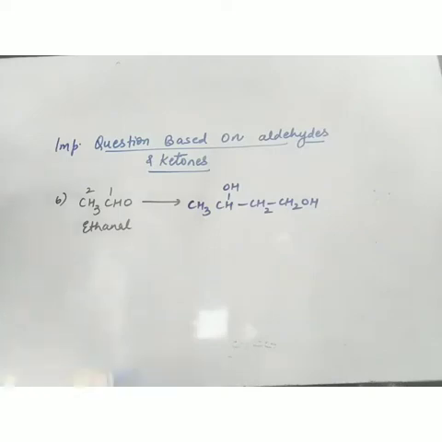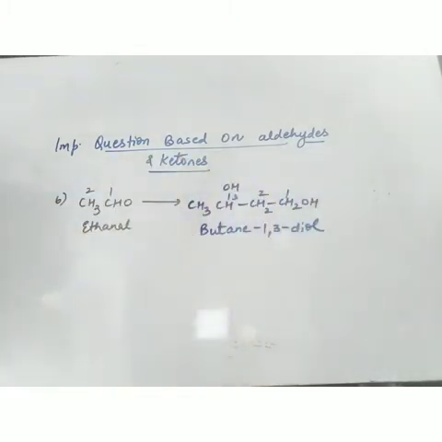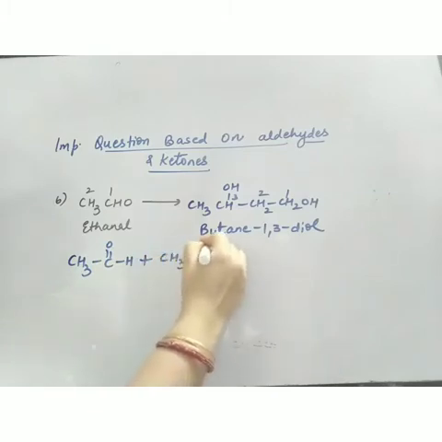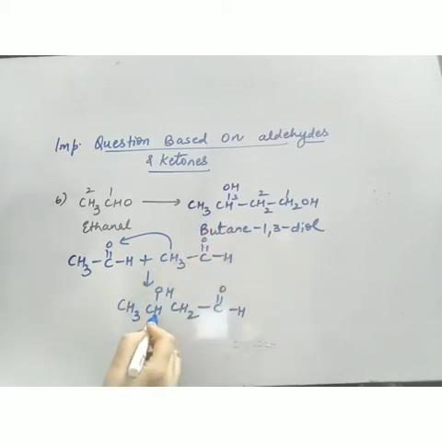The second is, we have to convert ethanal to butane-1,3-diol. This is 1, 2 and 3. Again the number of carbon atoms is doubling. First carry out self aldol condensation, because in self aldol the number of carbon atoms is doubled. So self aldol is done like this. Now this will be CH3 CHOH CH2 CHO. You can see that on the third carbon atom OH has come. I will not heat it, because if I heat it, it will change to alkene.